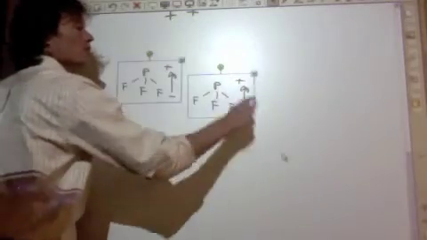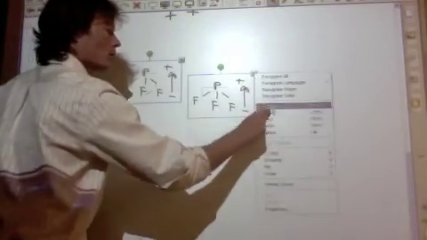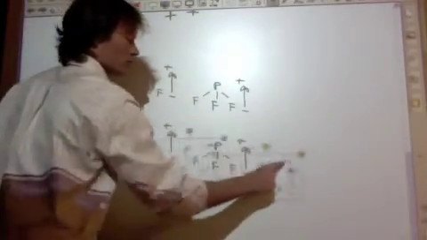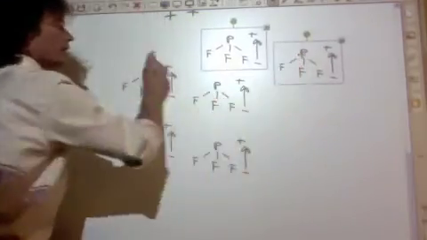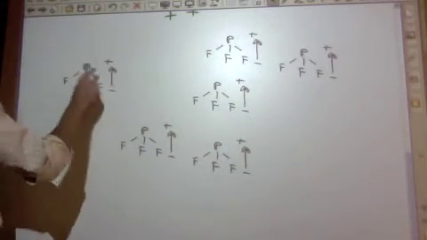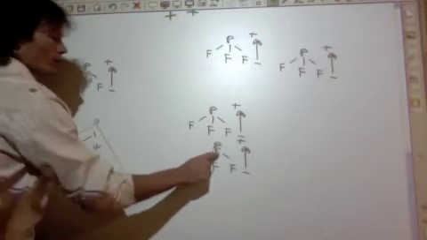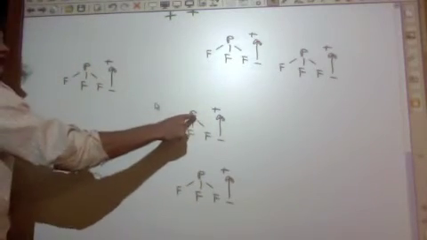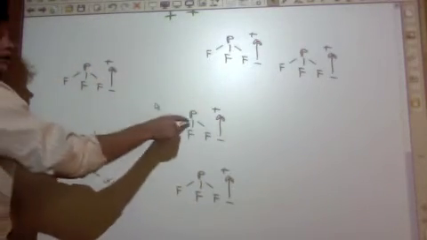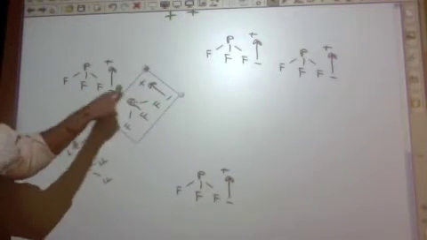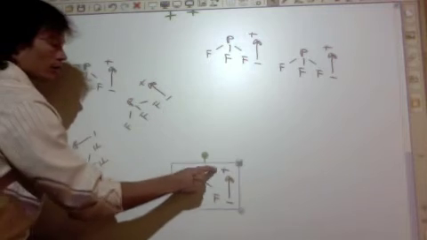Now if there's a bunch of these sitting around, let's do 6 of them. That's enough. Now they're going to arrange themselves so that the positive ends want to be attracted to the other negative ends. So there, now that positive end is attracted to this negative end.